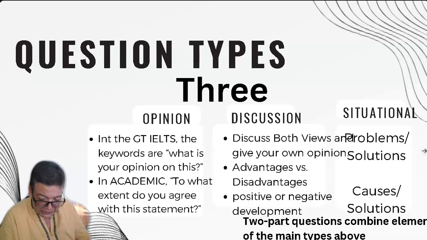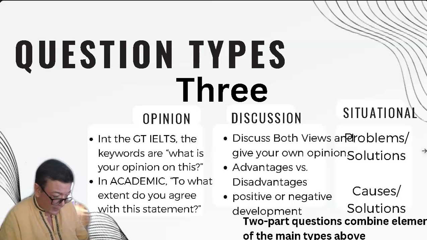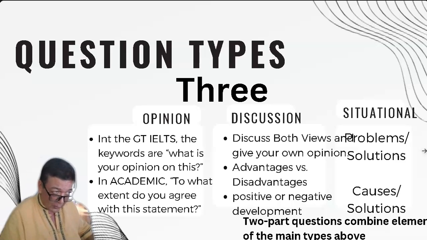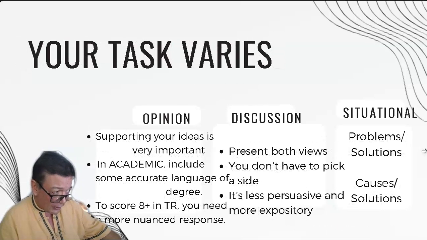And then last, situational essays are problems and solutions essays. Of course, there are essays that have 2 questions, and they can draw from any of those 3 categories. It could have 1 opinion and 1 situational. So you just break up the paragraphs in those cases. But we're not talking about that. Today we're talking about opinion essays.